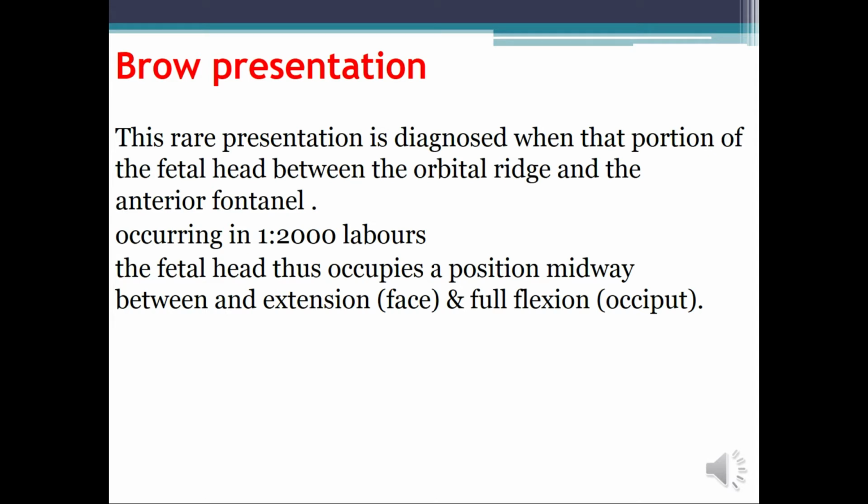Another presentation is brow presentation. This rare presentation is diagnosed when that portion of the fetal head between the orbital ridges and the anterior fontanelle presents. It occurs in 1 in 2,000 labors. The fetal head thus occupies a position midway between the extended face and the fully flexed occiput.